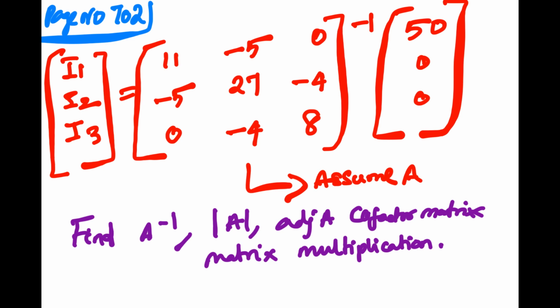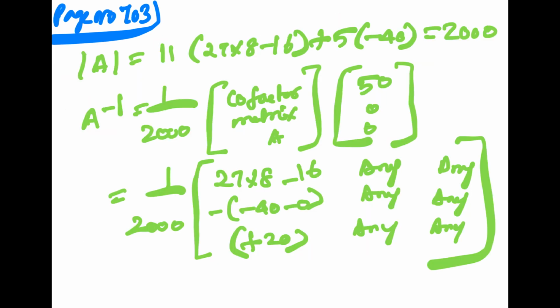Find A inverse and determinant A value and adjoint, the cofactor matrix. Matrix multiplication, that is important for mesh current analysis. Kindly read matrix multiplications. Find out A inverse and determinant value. Kindly read, determinant value A is equal to 2000.